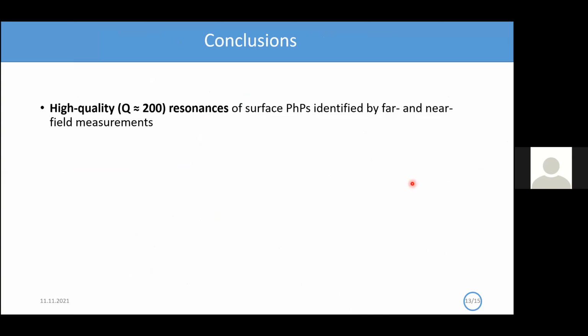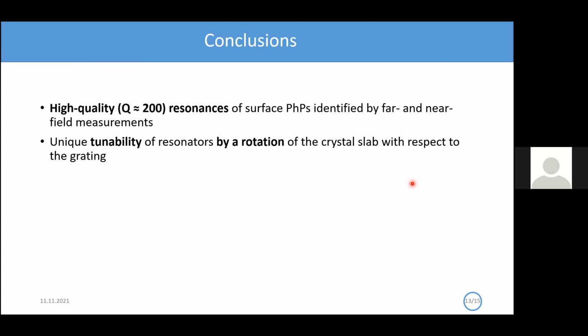To summarize, we demonstrate in this work the measurements of polaritonic resonances in both near and far field. We developed a new technique of tunability of resonant frequency in resonators on the base of biaxial crystals by simple rotation.